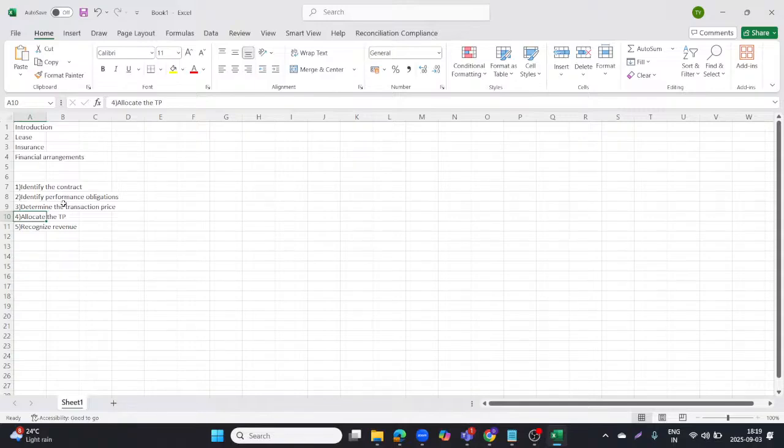Now, what are contract costs? The costs that directly relate to a contract, the costs that generate or enhance the resources that the entity will use to satisfy performance obligations in the future, and that the entity expects to recover. These are all known as contract costs.